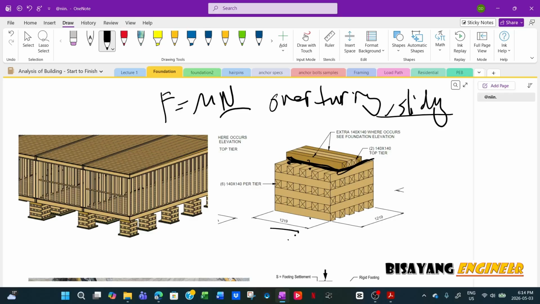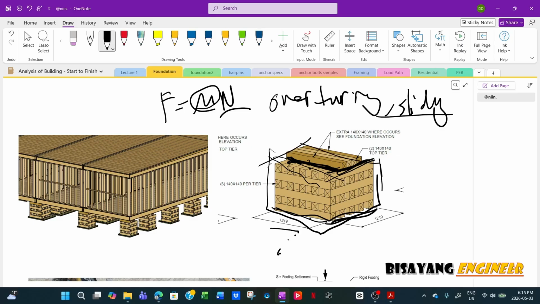So the heavier the building, the bigger the frictional force. Then whichever governs in the frictional coefficient is either wood to soil or wood to wood. And then you have to make sure that, because if it's wood and wet, that's different versus wood that is dry. So that's why, if you assume that this will be in a dry condition, then you have to make sure that it is dry.